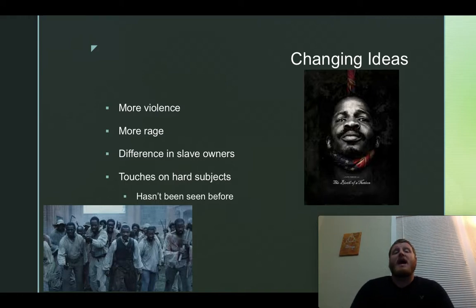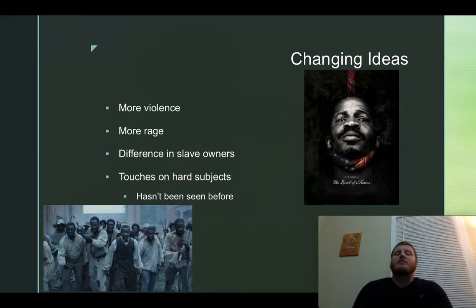This film had a couple different ideas about slavery when compared to some of the older films we watched. Being a newer film, it hit on a lot tougher topics than some of the older films that had discussed slavery as well. One thing that I noticed in this film, it had a lot more violence than what the other films had shown. The other films had shown that there was violence, but not to the extreme of this film.